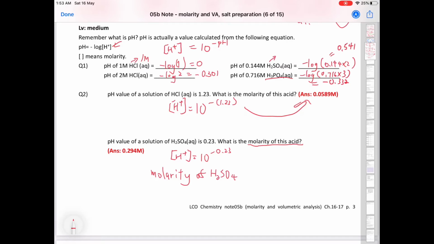So after your calculation, you have to divide the molarity of hydrogen by 2, the mole ratio between sulfuric acid and H plus. You can get the answer equal to 0.294 M, and that's it.